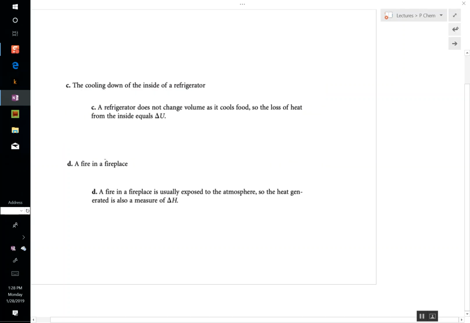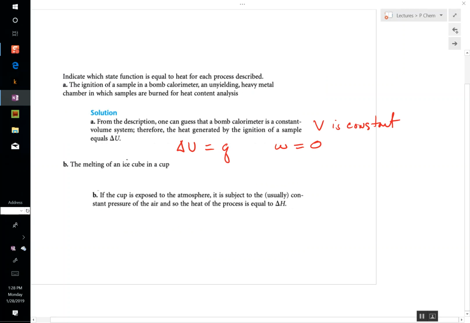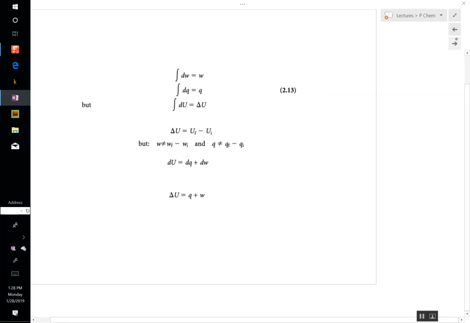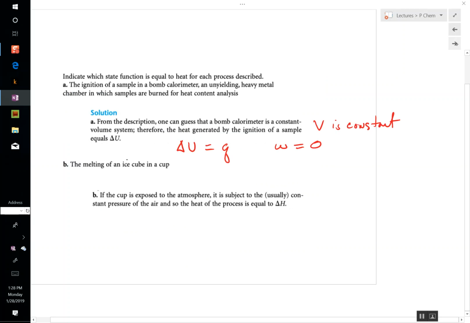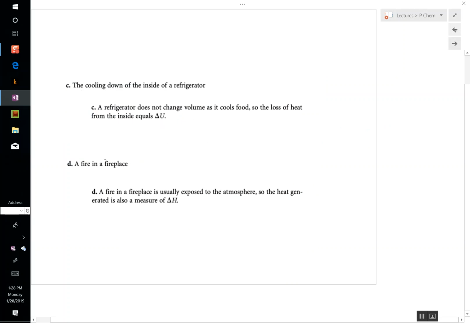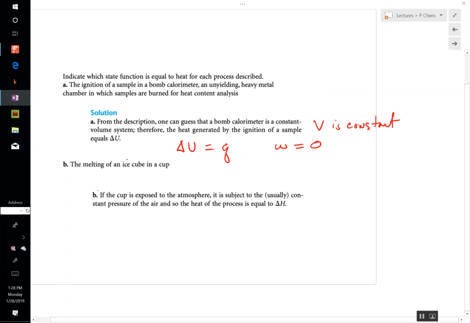Let's see, where did the slides go on delta H?